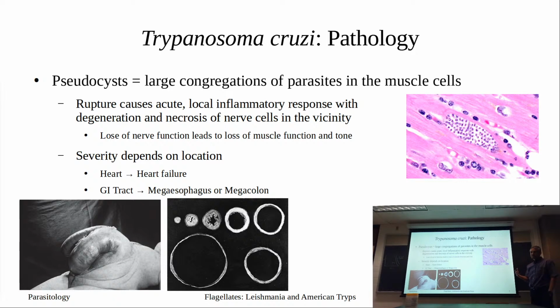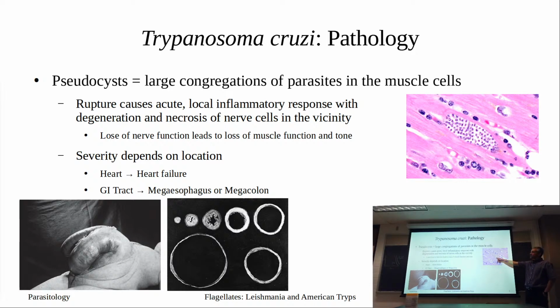That's where the pseudocyst name comes from, because it doesn't have that thick wall. It's a large congregation without that very thick outer wall. This is a great pseudocyst. All of these are amastigotes inside of it that have replicated.